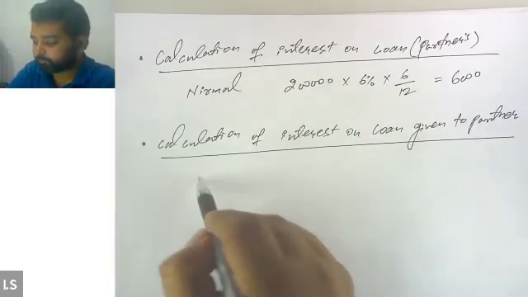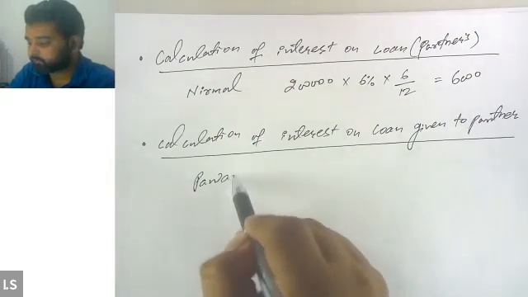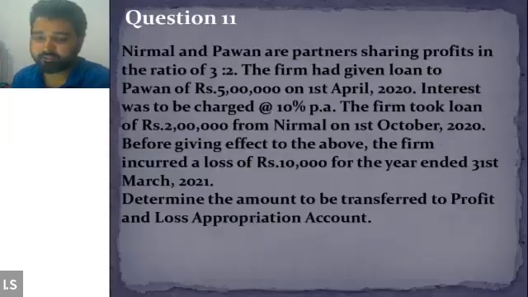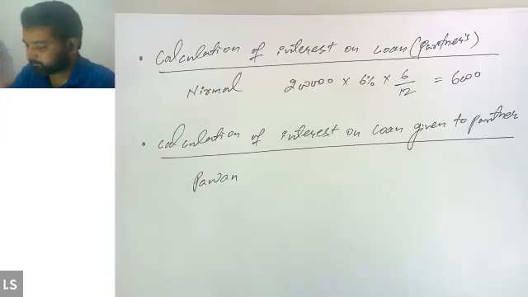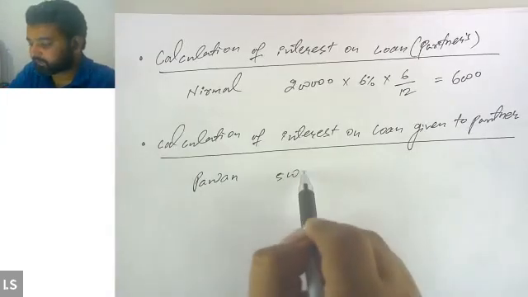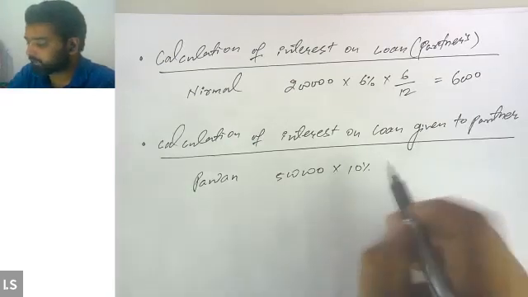So Pawan needs to pay interest at the rate of 10% per annum. It is already agreed between the firm and Pawan that Pawan needs to pay 10% interest. So on 5 lakh, the interest rate will be 10% per annum.